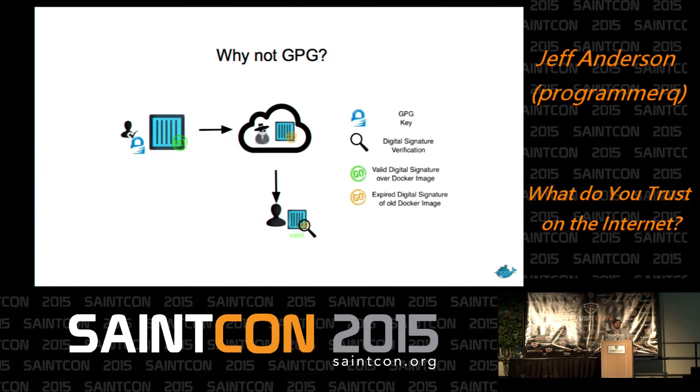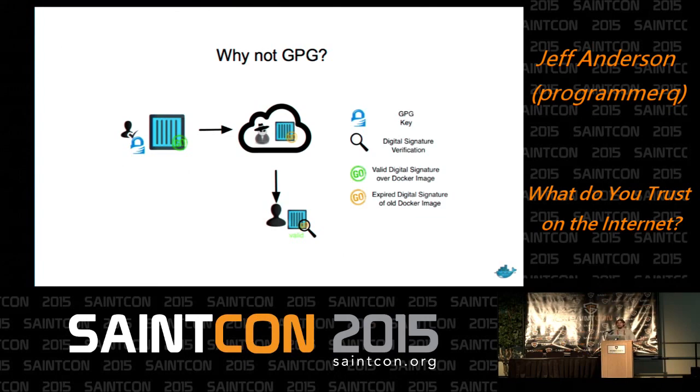So the first question that comes up to a lot of people that are in the know about package signing when we talk about the Content Trust feature is, well, why didn't you just use GPG? And I'll be honest, I was in that camp before I learned about TUF and what it brought to the table. I'm an Arch Linux user.